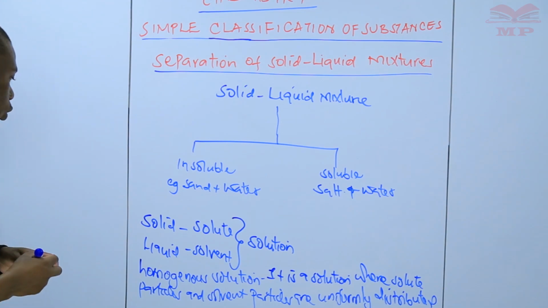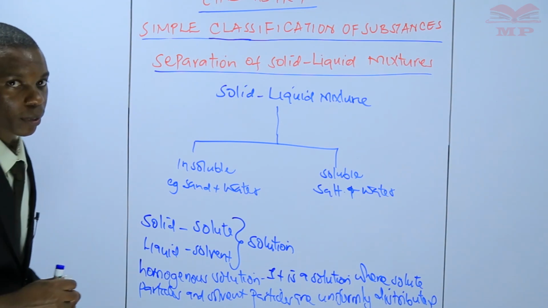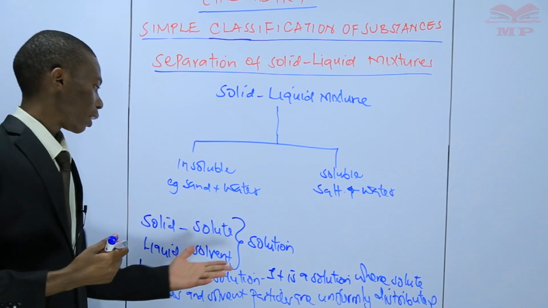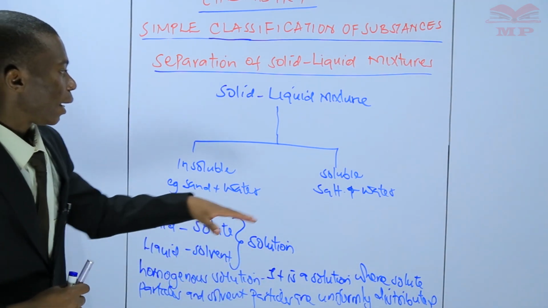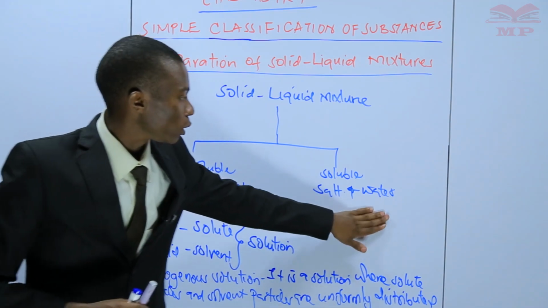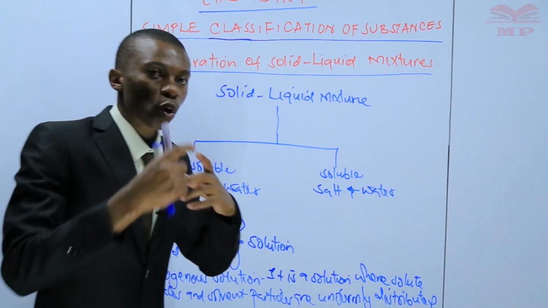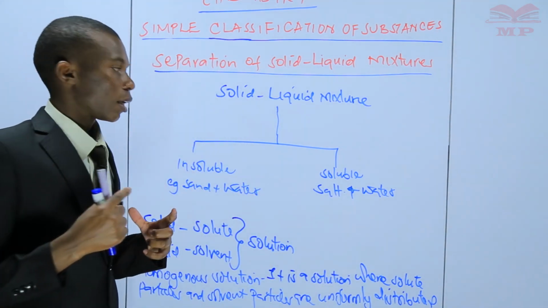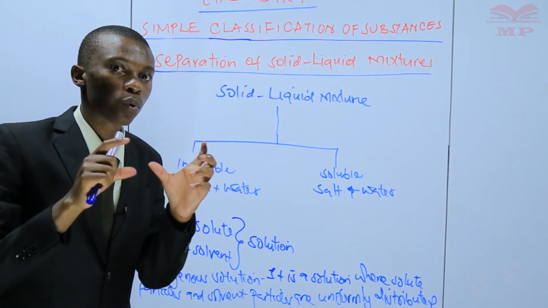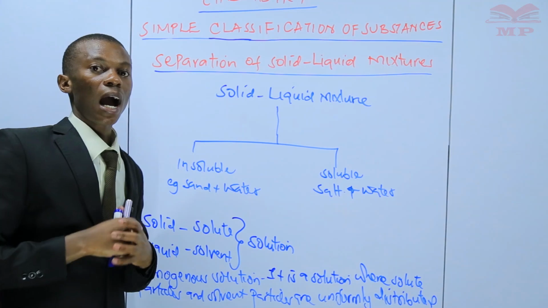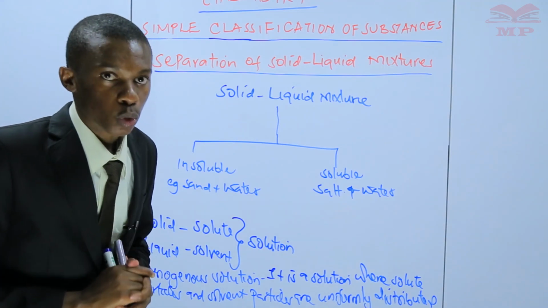That is what you call a homogeneous solution. A mixture of salt and water, when you put salt in water and stir, gives a solution, and that is an example of what we are calling a homogeneous solution.